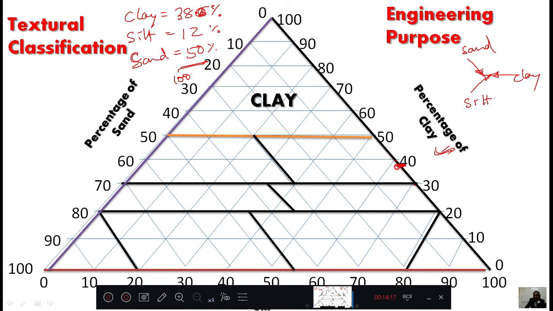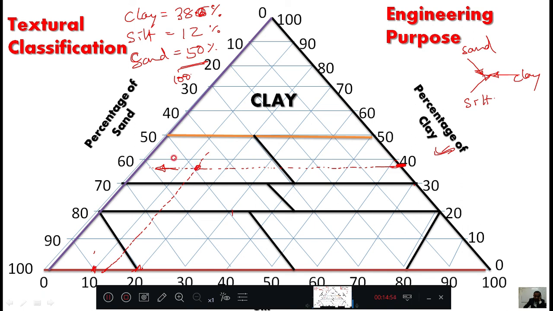The guideline is that clay should go in the horizontal direction, therefore I will mark some points here. This is the horizontal dotted line for 38%. Next I will draw 12% silt, and silt goes in the upward incline, therefore 12% silt comes somewhere here, between 10% and 20%.